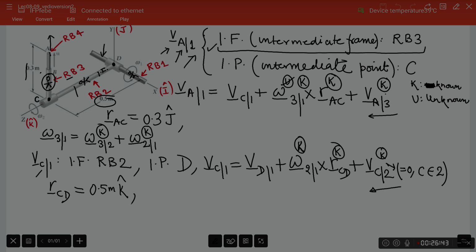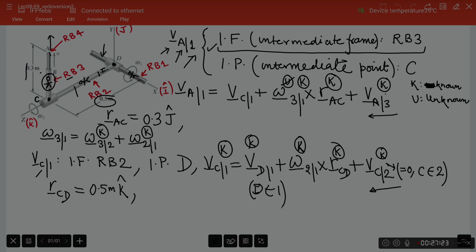Is VD1 a known quantity? You observe the point D here. It is not moving at all. It is a known quantity because D is a point fixed in 1 also. So once you have swept the right hand side of this expression from right to left, we are in a position to say that Vc1 itself is a known quantity.